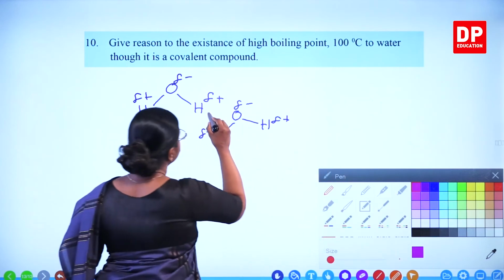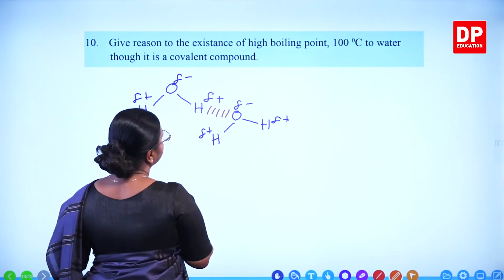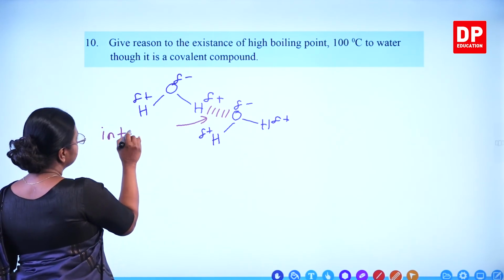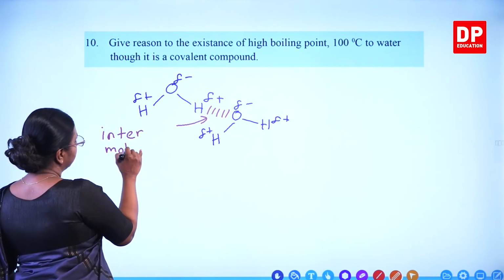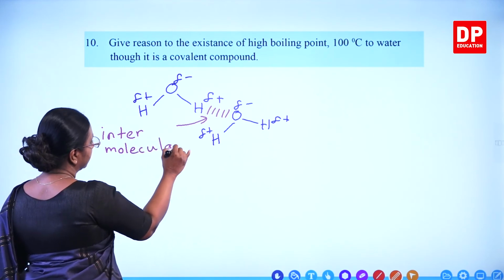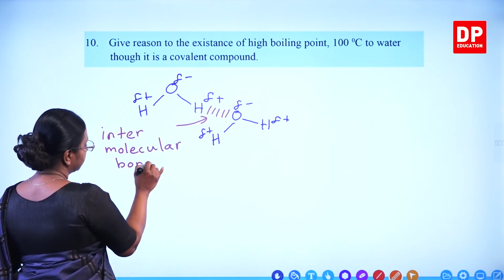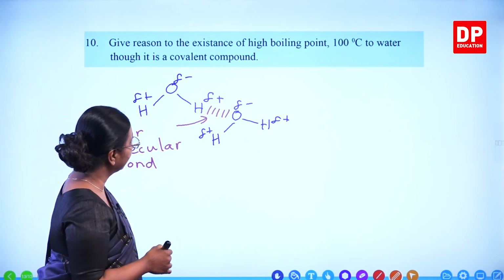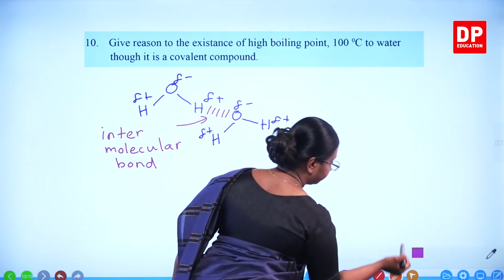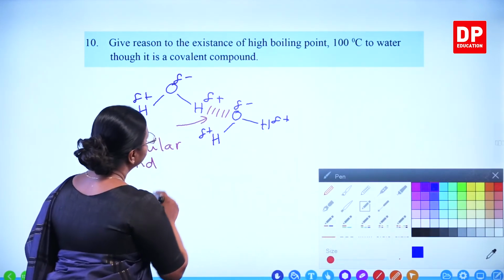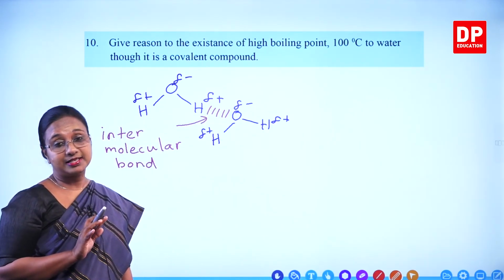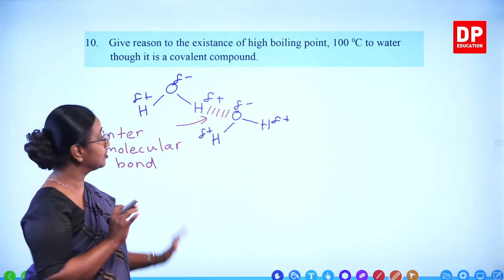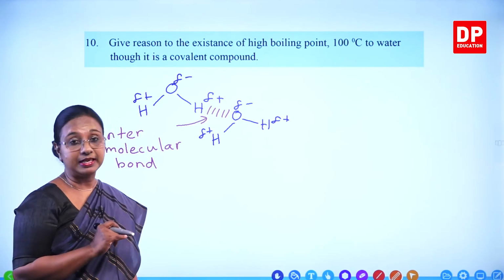And there is this intermolecular interaction. Intermolecular bond or intermolecular force, or what you can also call intermolecular interaction. And you know another name for this is hydrogen bond, but that has been introduced in your extra knowledge part. So, I am not going to use that term here.